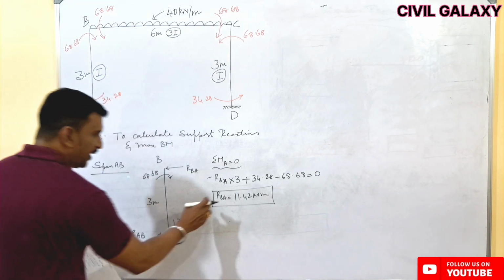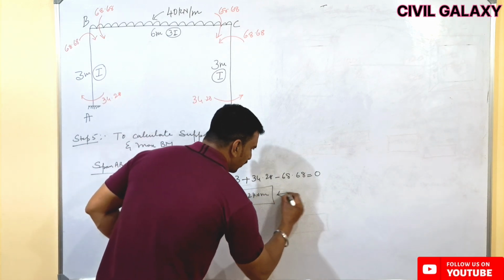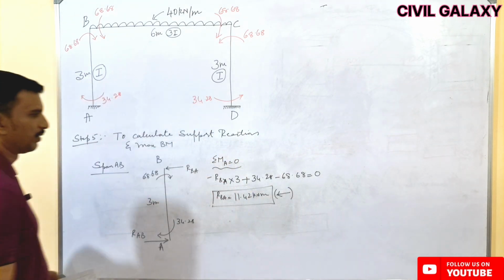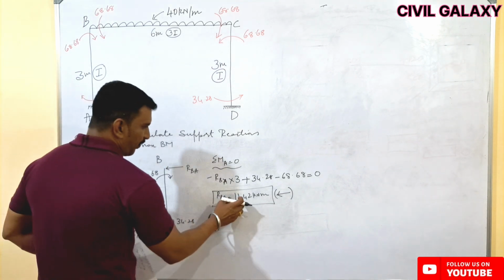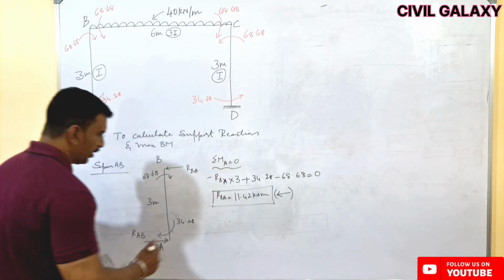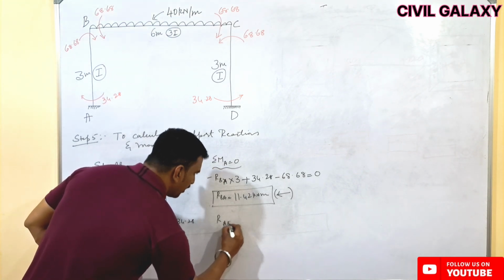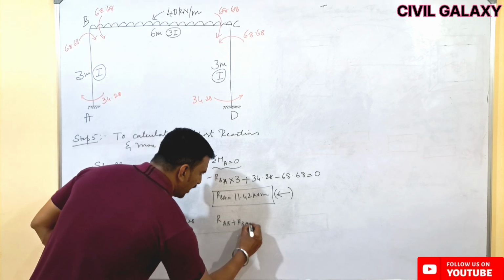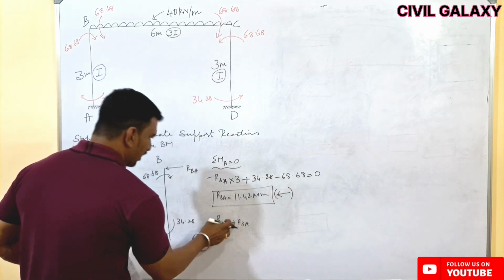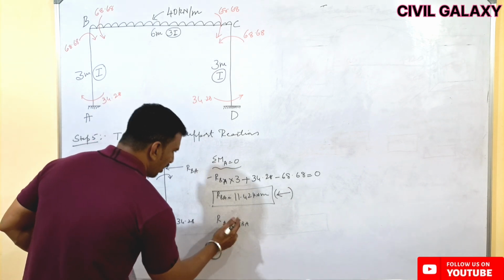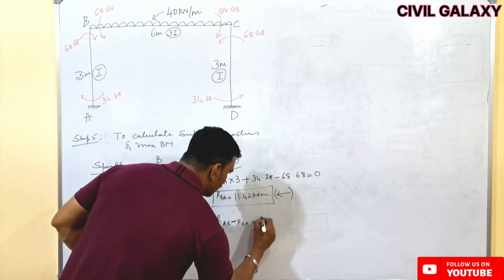Now the RBA value, which is acting in the negative x axis, going in the left direction of the x axis, is 11.42. If we take the summation of forces, RAB plus RBA, with RBA minus since it is in the negative x axis, equal to 0.